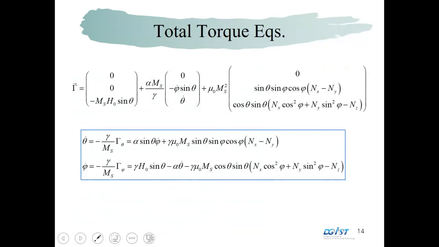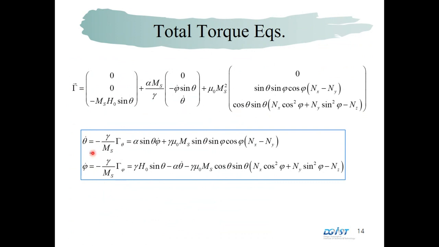Okay. And finally, we can obtain the total torque. This is the precessional term. This is the damping term. This is the Dirac term. And we can convert this torque equation to theta dot and phi dot here with this relation.